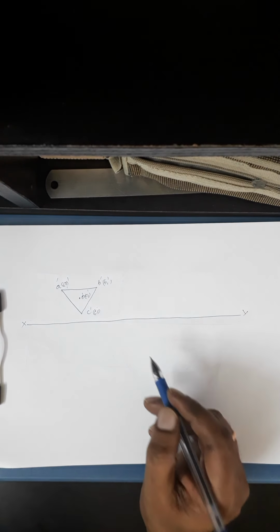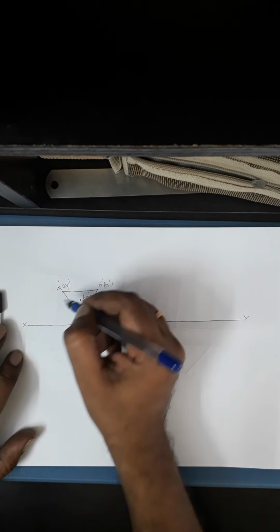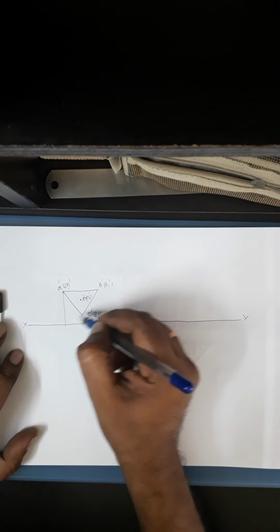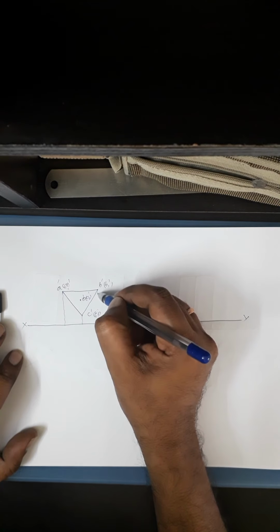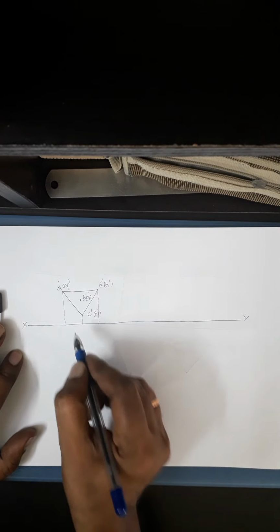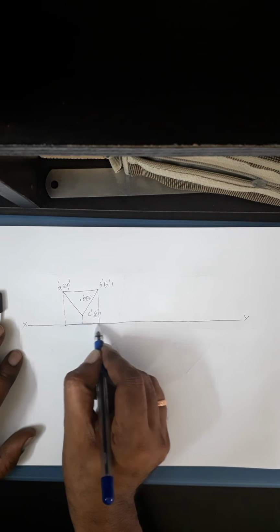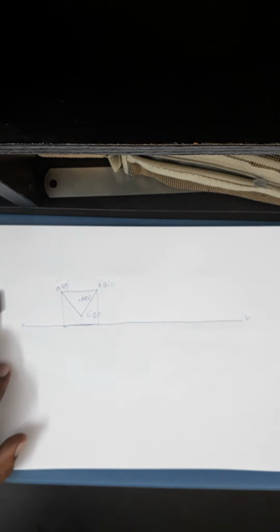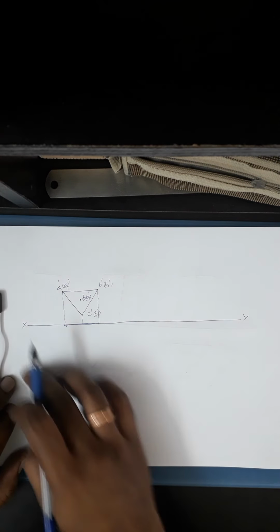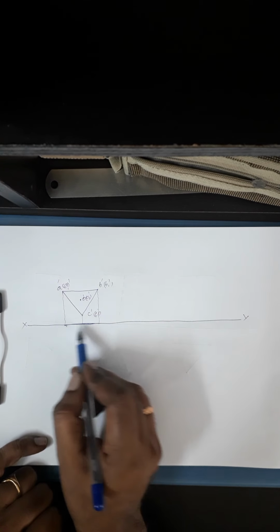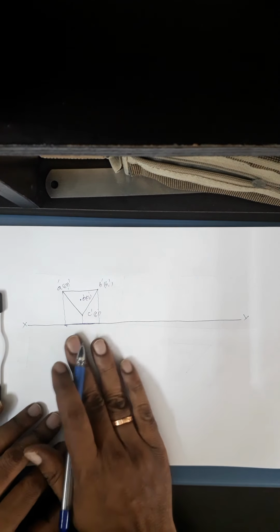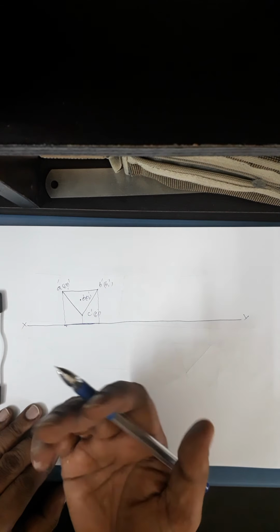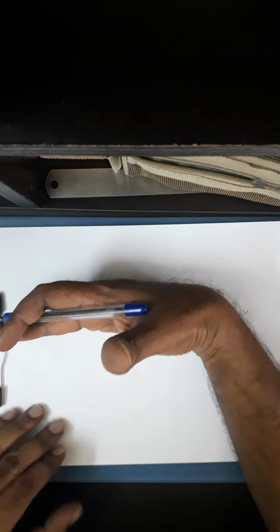So if there is a problem saying that this prism is having its base in VP, then I have to have this base touching this XY line, because when I'm looking at the horizontal plane, this XY line itself is nothing but the vertical plane.